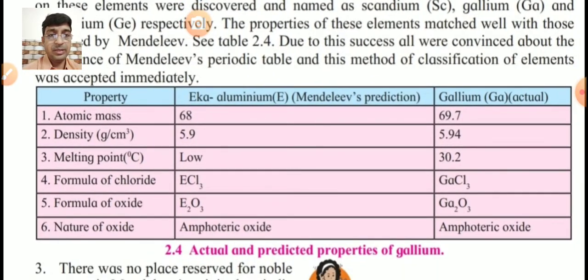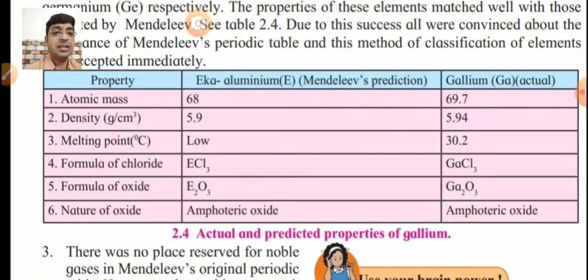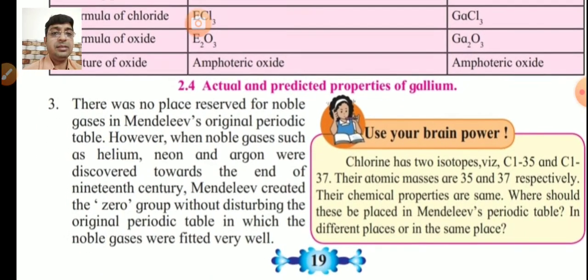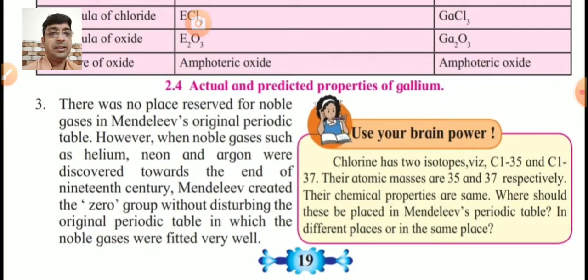In the first column, some properties are given. In the second column, the predicted name by Mendeleev, and in the last column, the actual name of that element. So you check the properties. Third merit is given.